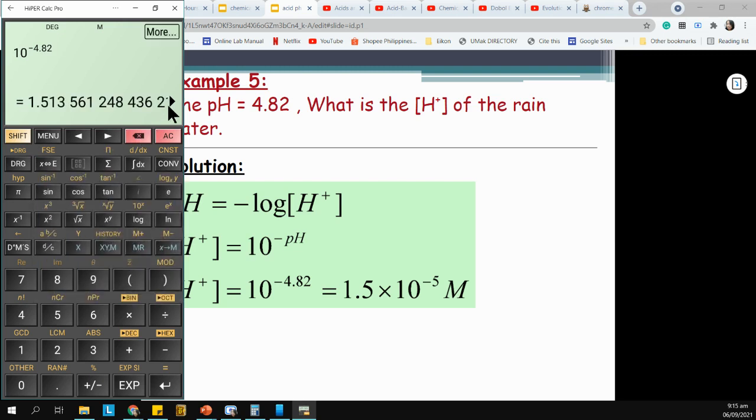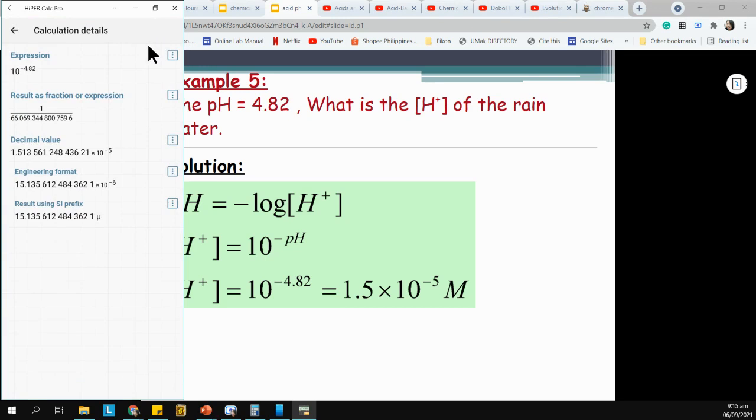Yan. Hindi maliit yung kanyang screen eh. Ayan. So, this is the decimal value. Hindi nakikita kasi masyado niyang pinapakita lahat ng mga values doon. Pero it's supposed to be 1.51 times 10 to the negative 5. Okay?